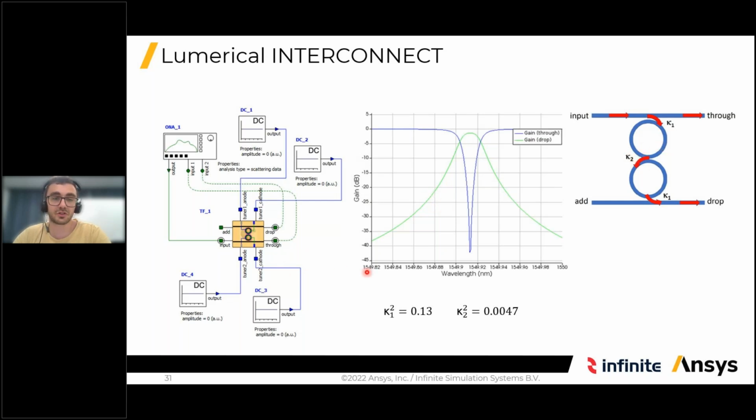So we are going to do a sweep along different wavelengths, and then we see the gain through the through gate and through the drop gate. As you can see here, the blue curve is the through gate and the other one is the drop gate. This information is given in decibel, but if we convert it, then we find the following values for K1 and K2.